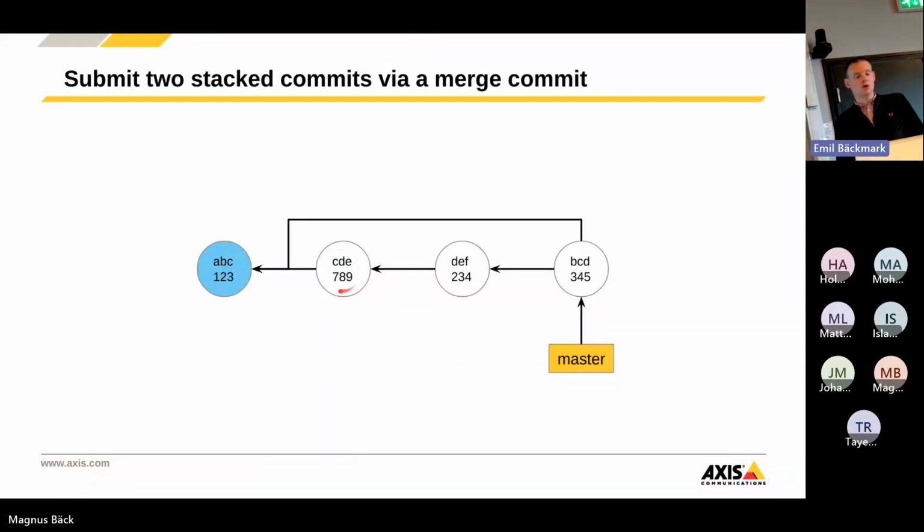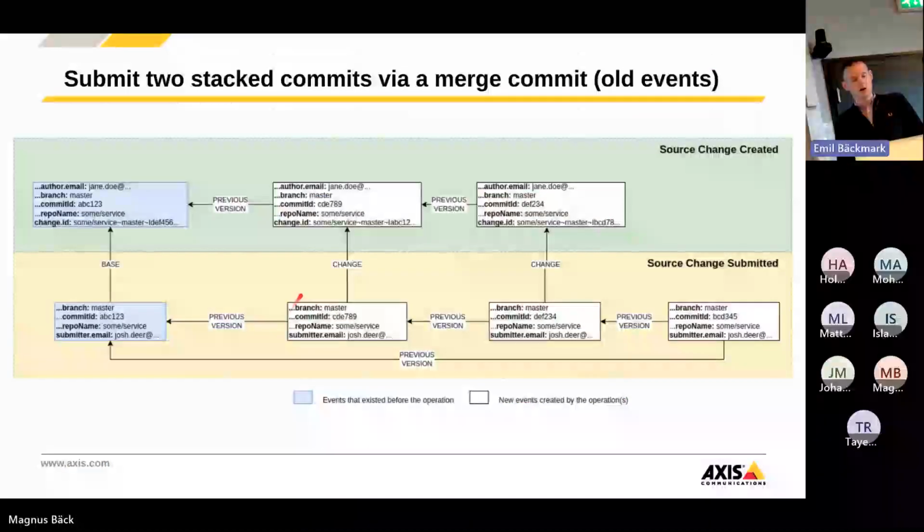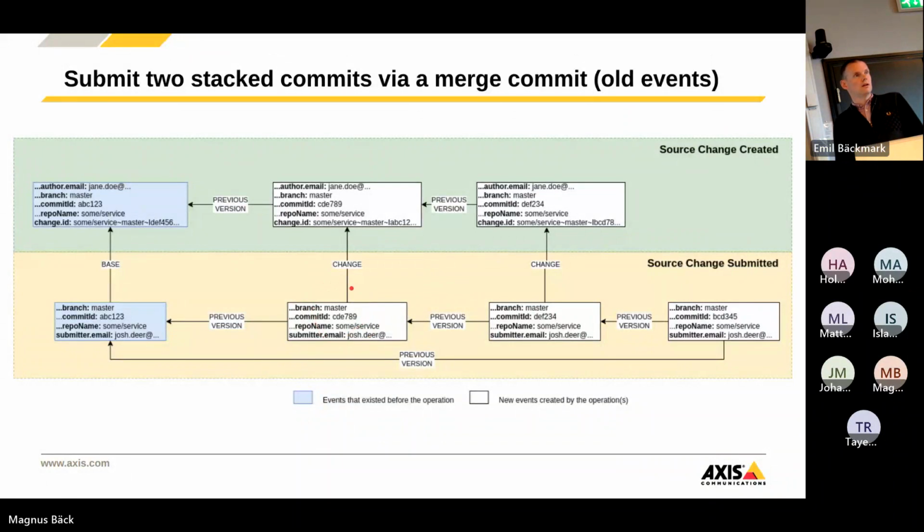But this is not a state the master branch was ever in, because this commit is included via this merge over here. So if you have CI triggering on this source change submitted, it will run tests on something that's just not interesting.